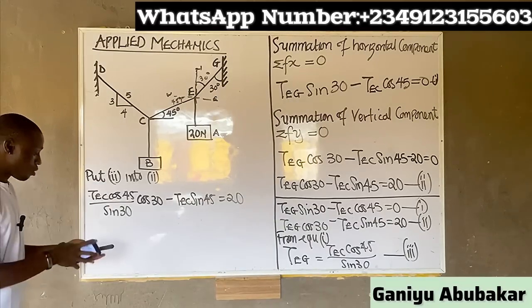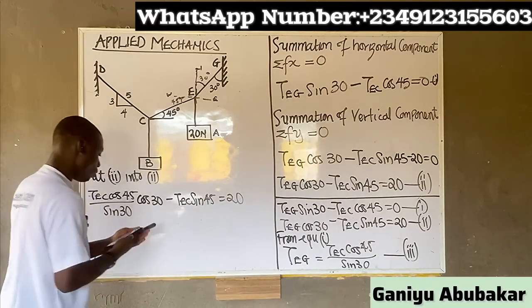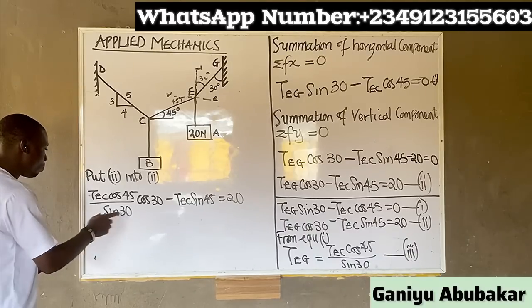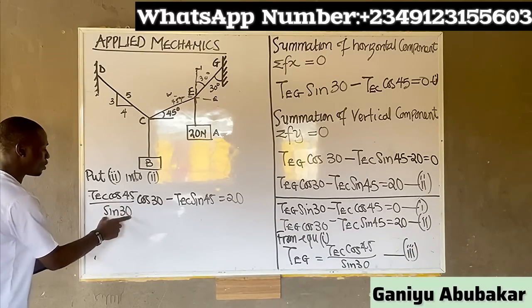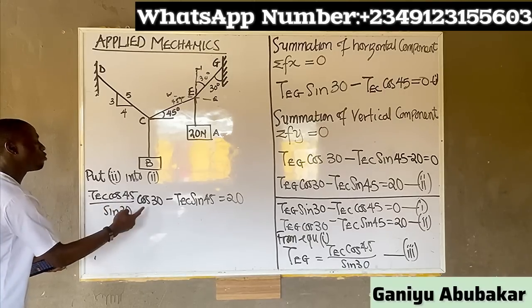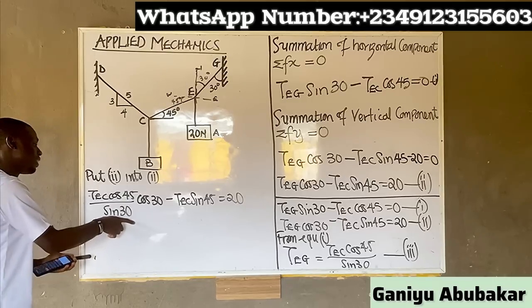So if we take my calculator and punch the values, let's see what we get. So I'll simply place cos 45 divided by cos 30. Let's see what we have. Or perhaps cos 45 times cos 30 divided by sin 30. Let's see what we get.